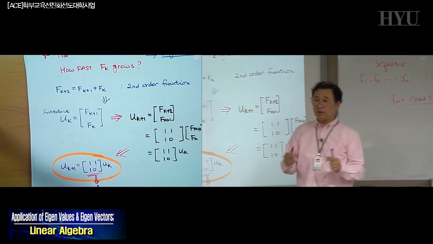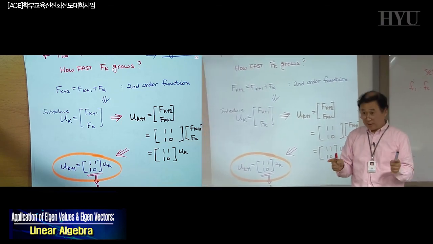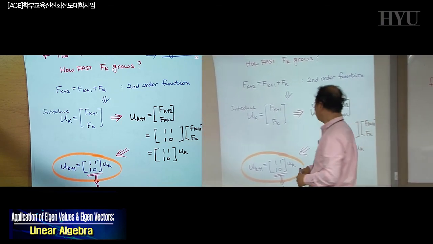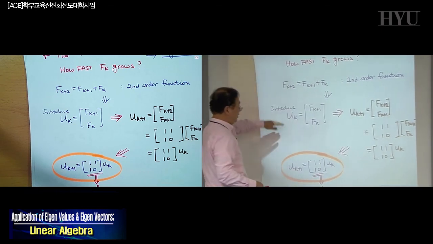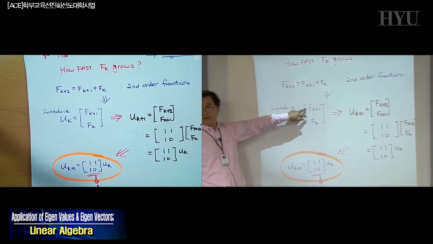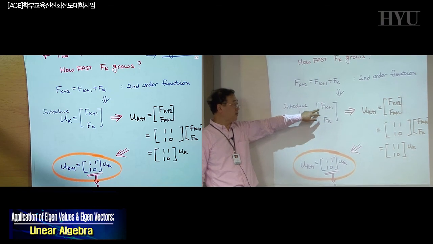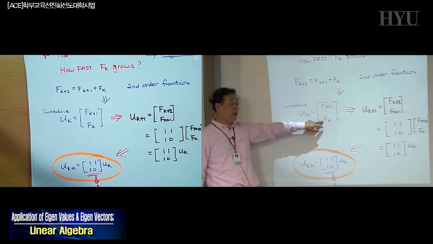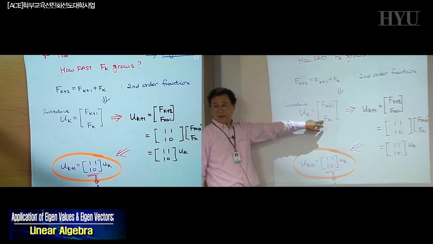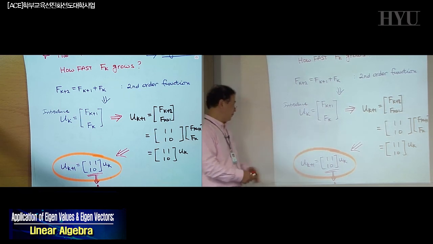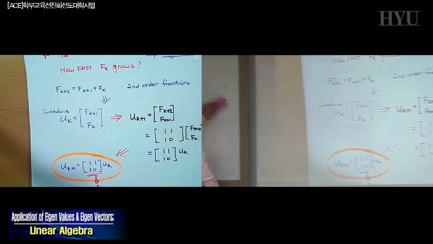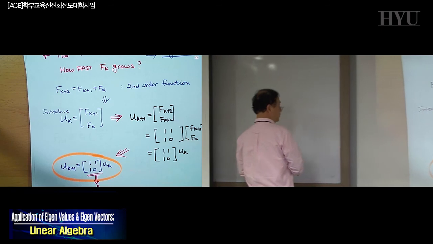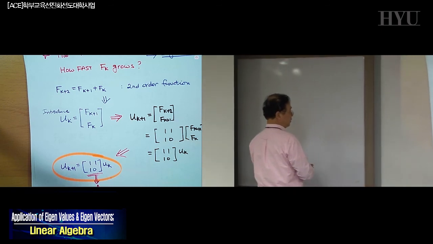The Fibonacci numbers were not vectors, right? So here we define u_k as a vector, which is (F_{k+1}, F_k). Let's put it this way.